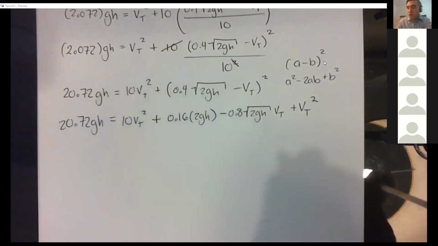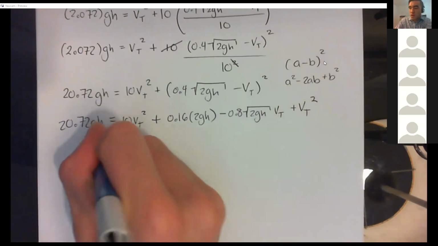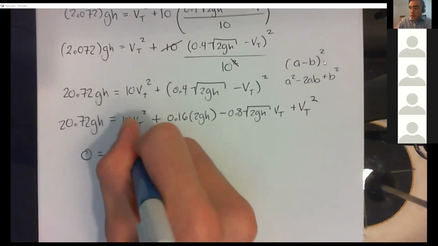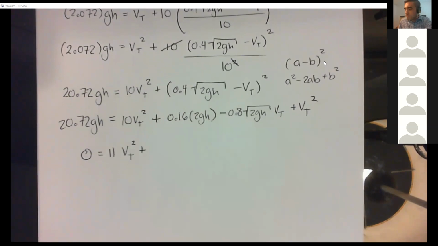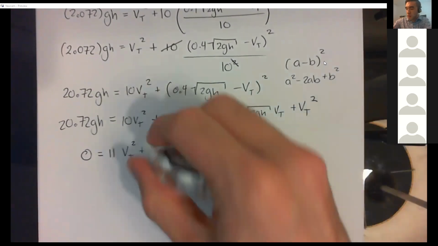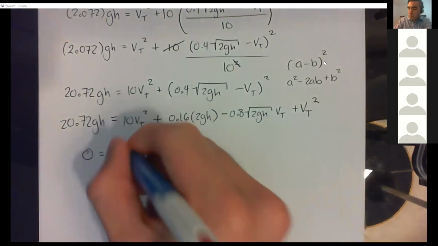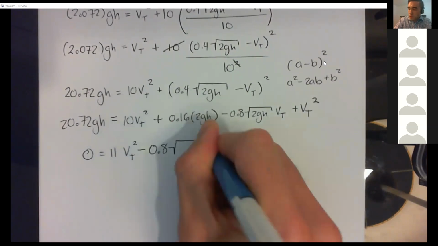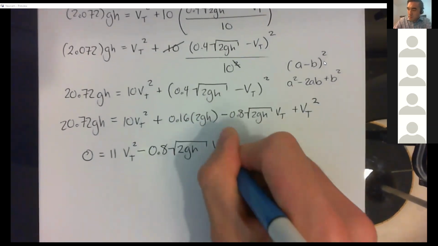So I'm actually going to clean this up to the point that I say 0 is equal to 11 VT squared, as clean as possible in one step, yeah? 11 VT squared minus 0.8 root 2GH VT.